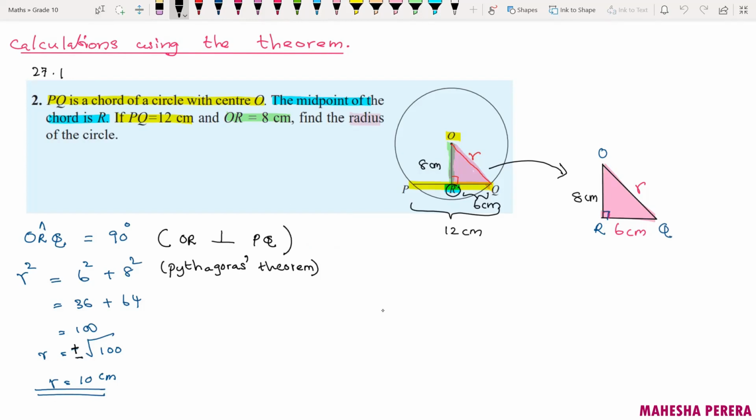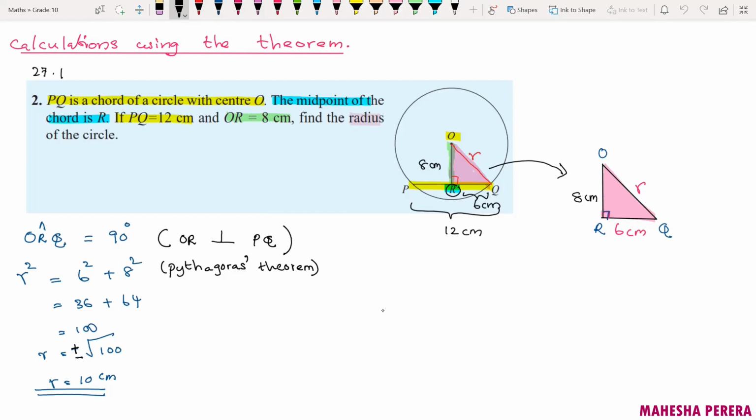According to the Pythagoras theorem, R squared equals 6 squared plus 8 squared, or 8 squared plus 6 squared. So 6 squared is 36, 8 squared is 64. When you add, you get 100. So it can be plus or minus the square root of 100.